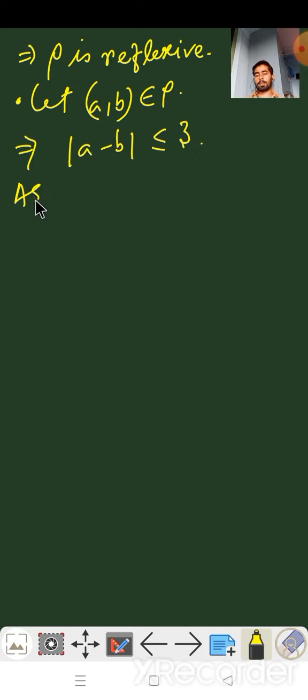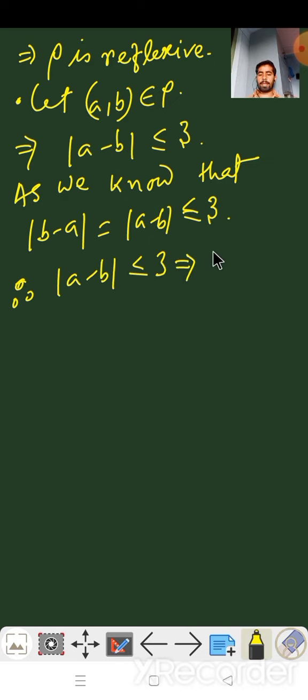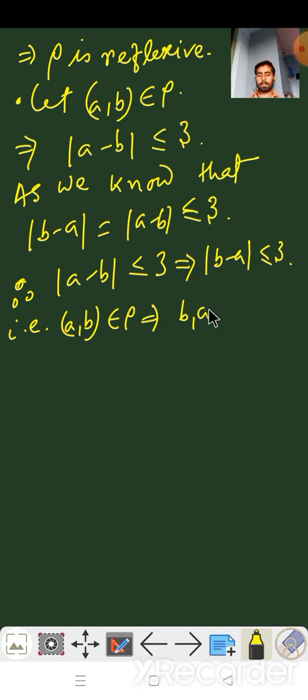As we know that mod of b minus a equals mod of a minus b, which is always less than or equal to 3, it implies that mod of b minus a is also less than or equal to 3. That is, (a, b) belongs to rho implies that (b, a) belongs to rho, which implies that rho is symmetric.